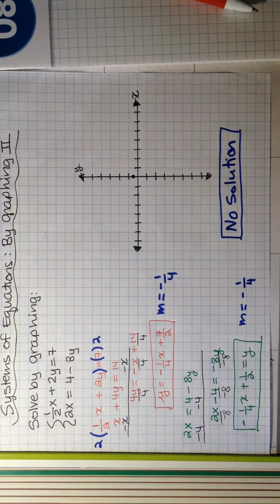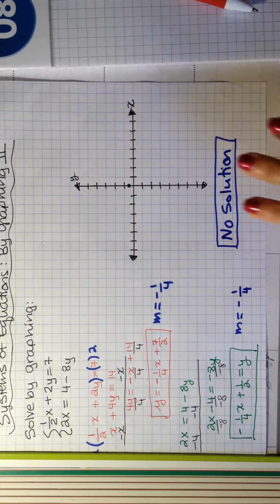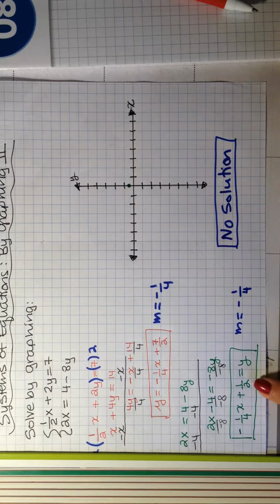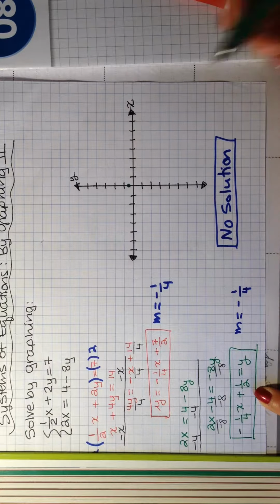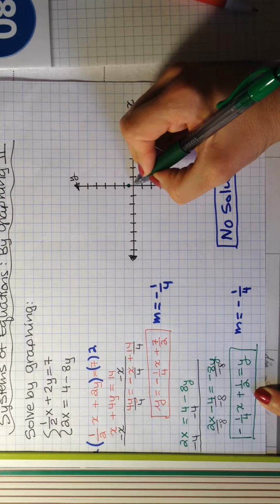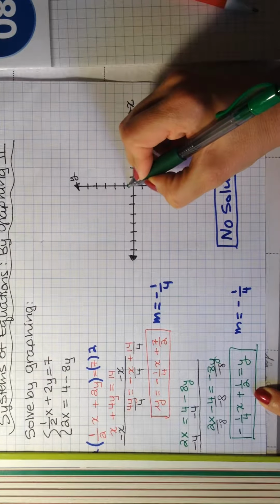We still need to graph the two lines, so let's go ahead and do that. I'm going to start with the green one. Start with the second equation. It doesn't matter, but I'm going to start with the second equation. And so the y-intercept is a half, so that's halfway between 0 and 1, so I have a point right here.